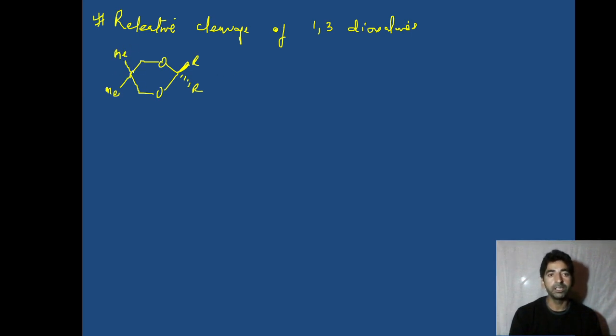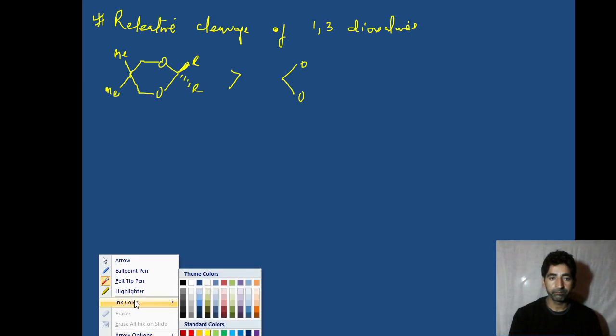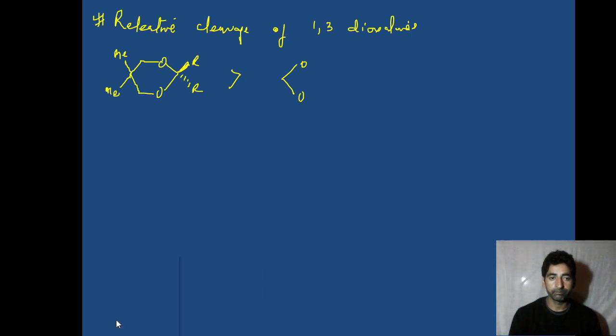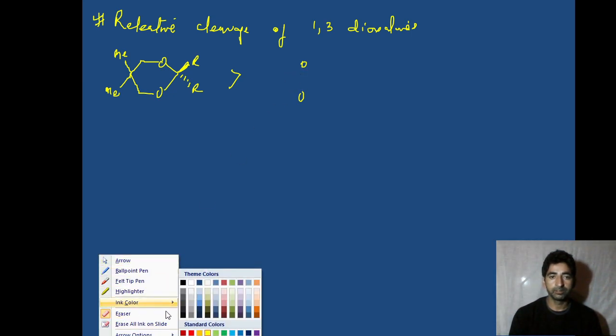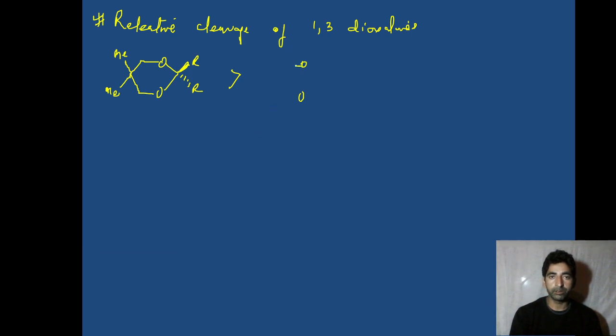This carbon is sterically more hindered. Such dioxanes are cleaved readily as compared to less hindered dioxanes. Means this dioxane is cleaved readily compared to this dioxane.